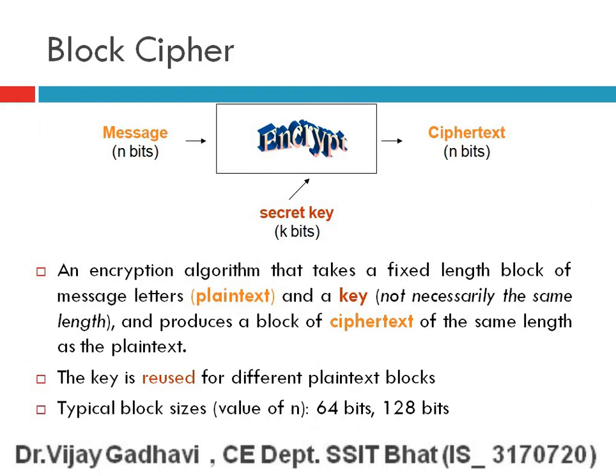Now block cipher: a message of n bits is encrypted using a secret key of k bits, and it is converted to ciphertext of n bits. It is an encryption algorithm that takes a fixed length block of message letters, that means plain text, and a key not necessarily of the same length, and produces a block of ciphertext of the same length as the plain text.